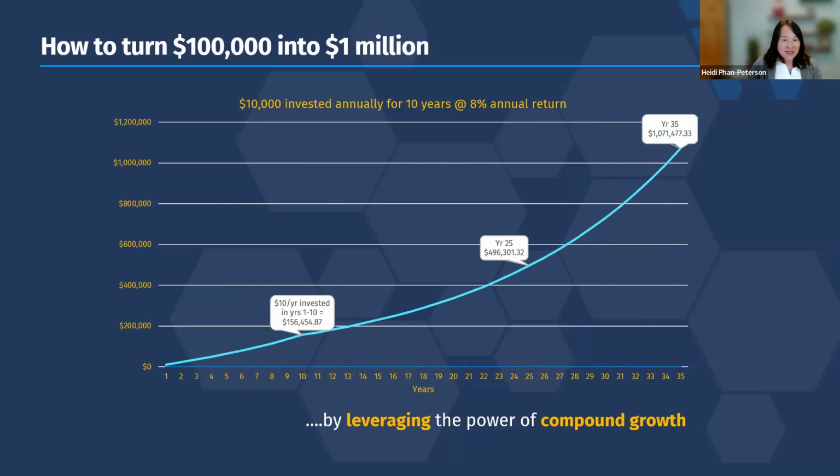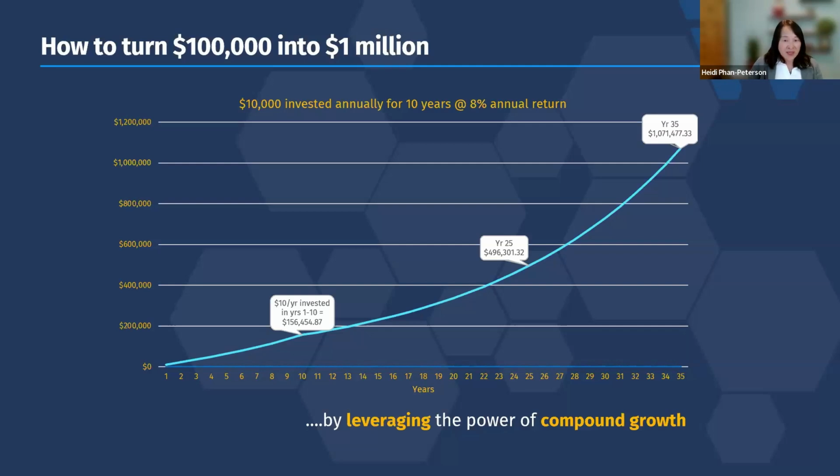Basically, this slide illustrates the power of compound growth, and here's how it works. The example is if you invest $10,000 a year for 10 years at an 8% annual growth return, at the end of that 10-year period, your investment would be worth over $150,000 for a total $100,000 investment.